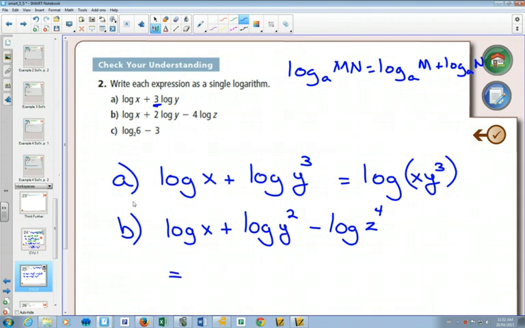Now I could do this in two steps, but if we did it in just one step, you're going to find whenever you're adding, that's multiplying. Whenever you're subtracting, that's dividing. So if we put this all together, well, the first two are multiplied, and the last one is subtracted. So that's divided in your expression.